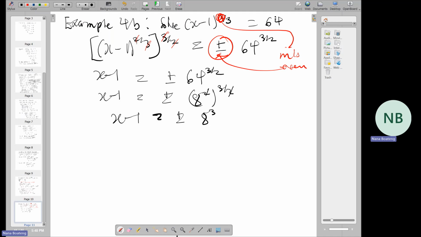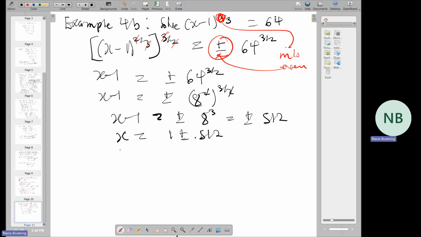And 8 power 3 is 512. So we have this is equal to plus or minus 512. Okay, so we have x is equal to 1 plus or minus 512.